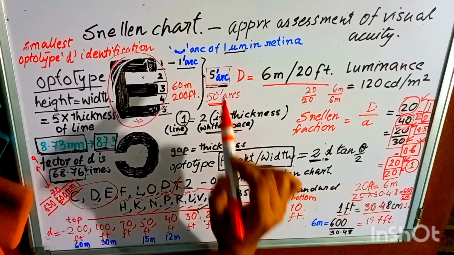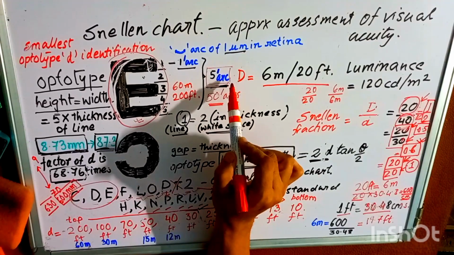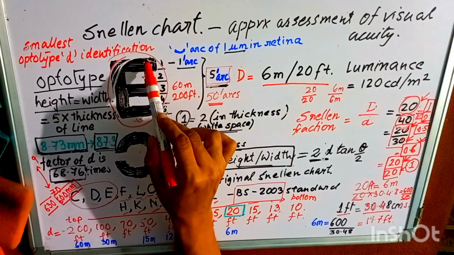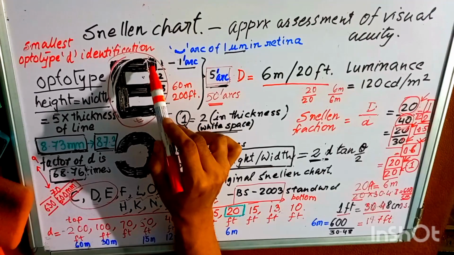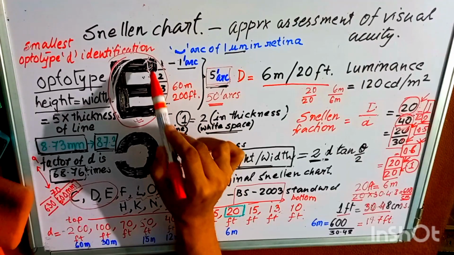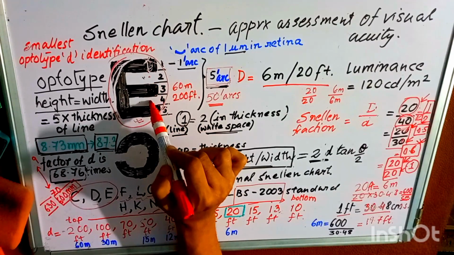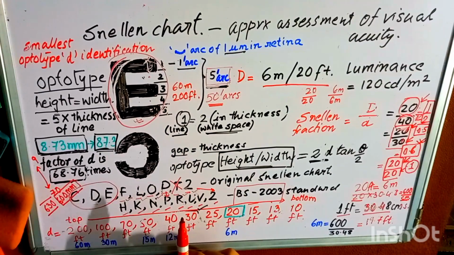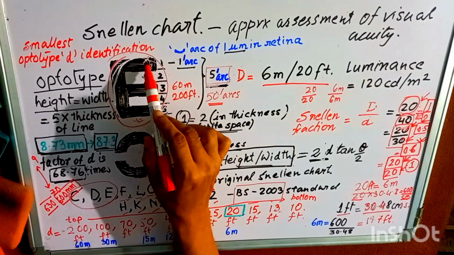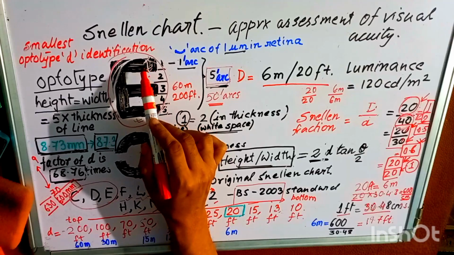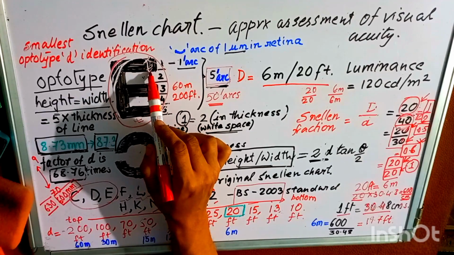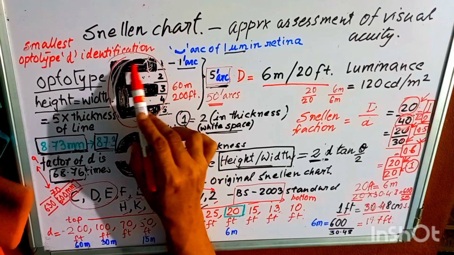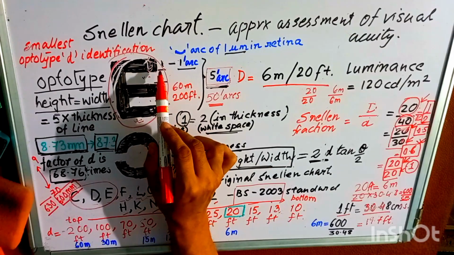And this 5 radian arc will be divided between the characters of the optotype, 1, 2, 3, 4, 5. These 5 portions will each subtend an angle of 1 radian arc, and then we can distinguish this optotype in the retina.